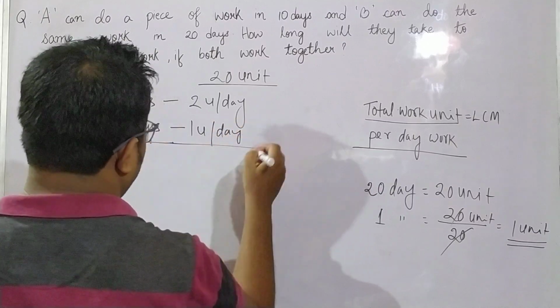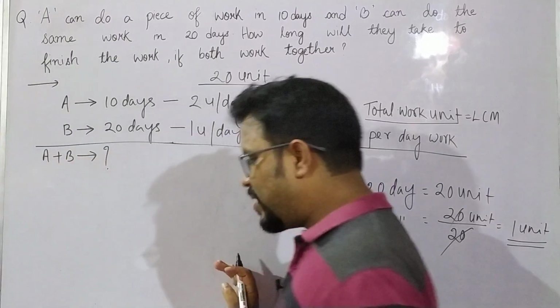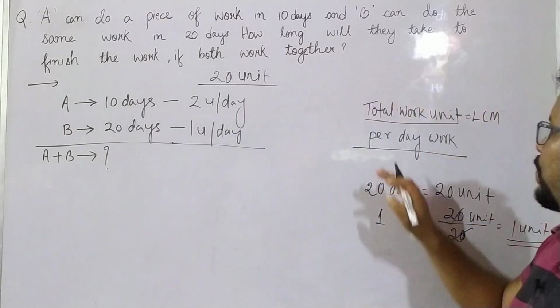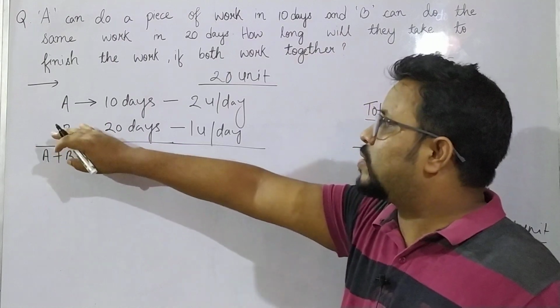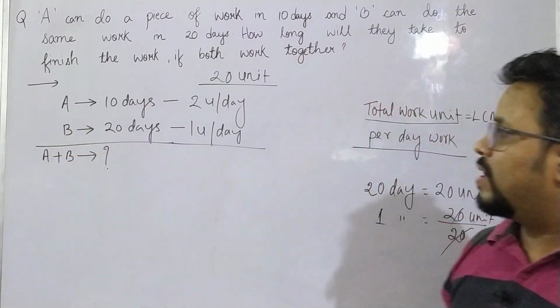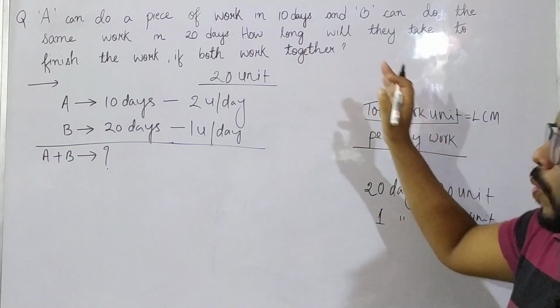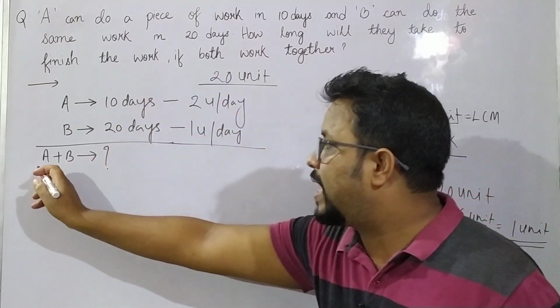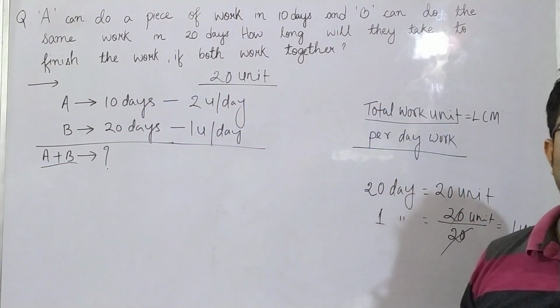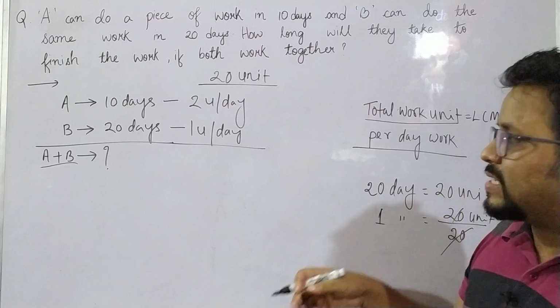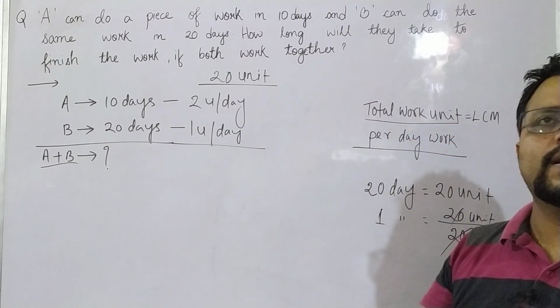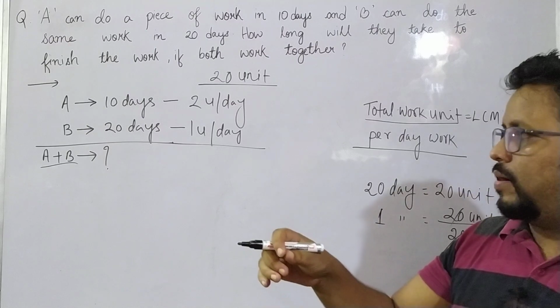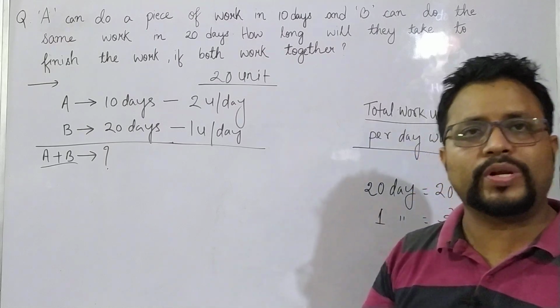Now my question is, I have calculated per day work of A and per day work of B. Now what is the per day work of A and B? If both of them start working, what is the 1 day work of both A and B?